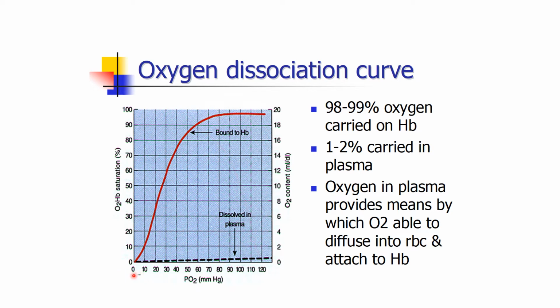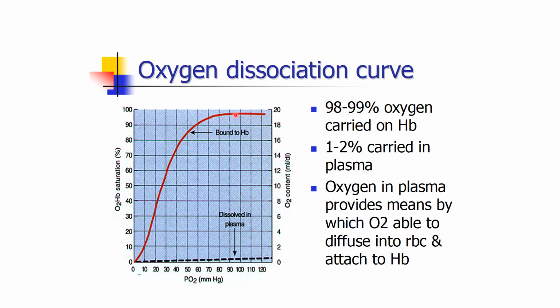So we've got increasing partial pressure of oxygen carried in plasma related to the percentage combined with hemoglobin. So you can see relatively high partial pressures of oxygen within the plasma.